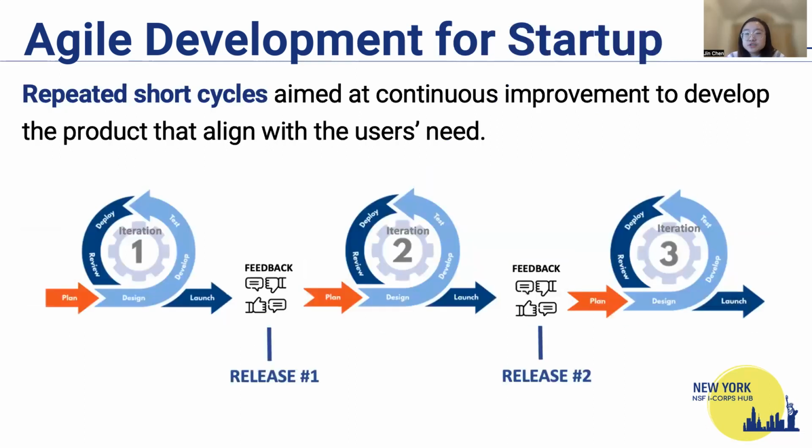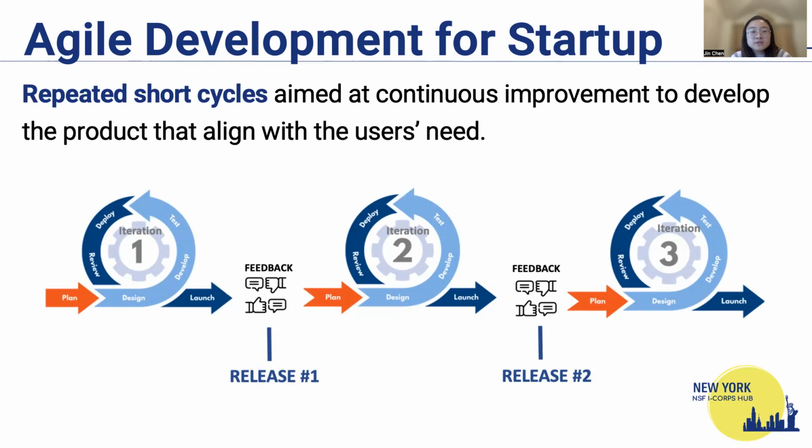And Agile was initially designed for software development, but it is not only limited to software. It is widely applied in business product development because its characteristic of recurrent short cycles for each iteration makes it well fit for the dynamic business environment.